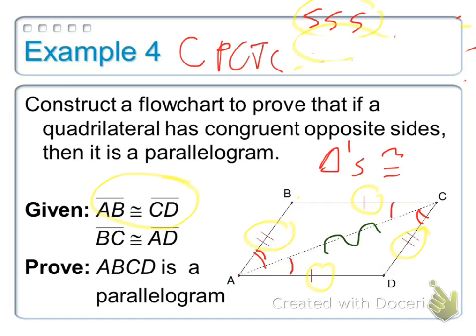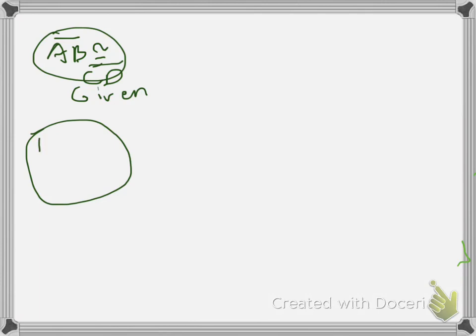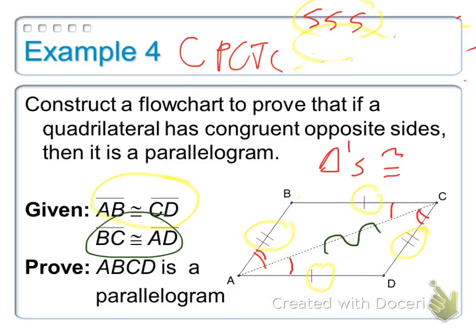And the reason it's true is given. We also know, I'm going to make these bubbles bigger, that BC is congruent to AD. So I got this here too. So I'm going to go back. BC is congruent to, what was it? AD.